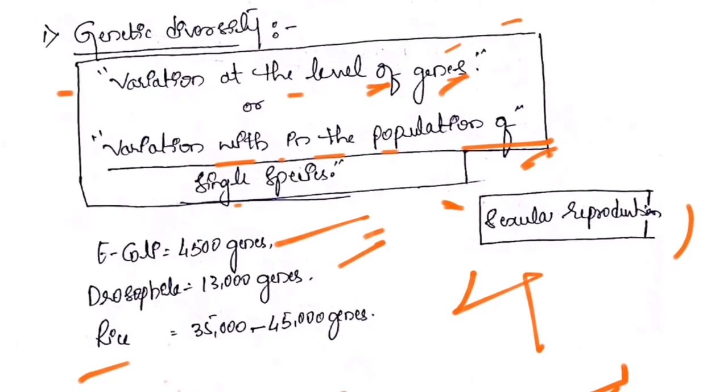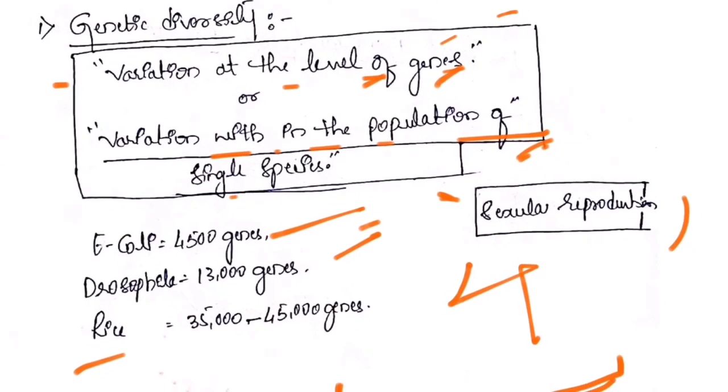Now you can think what genetic diversity is. E. coli's structure is very small, a very microscopic bacteria, but still it has 4,500 genes. This is what genetic diversity is.